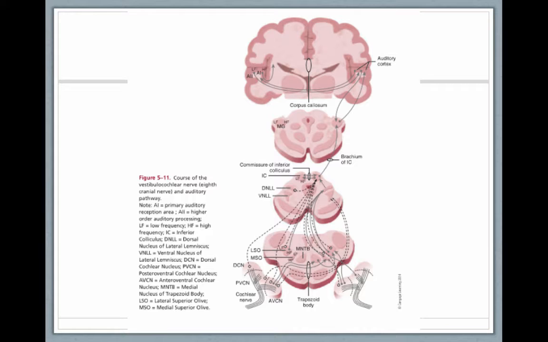So the messages get sent up and they get sent across, and then they get sent up further and across and further and across, and there's this intrinsic redundancy of sound processing all the way up to the auditory cortex. And the intrinsic redundancy, or the processing and sharing and reprocessing of sounds from both the right and left sides of the brain, are what help us separate out the signal from noise.